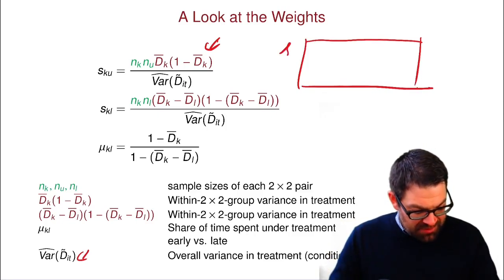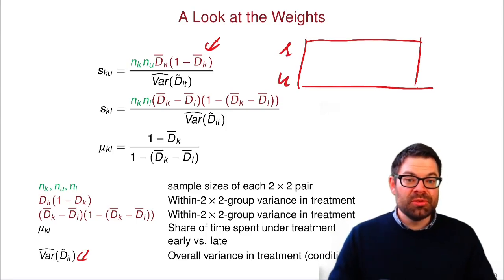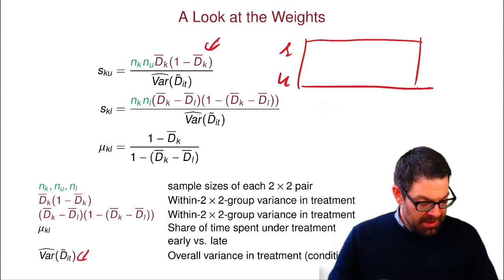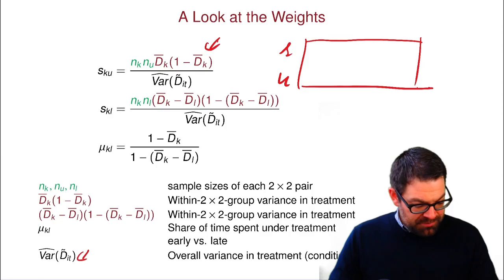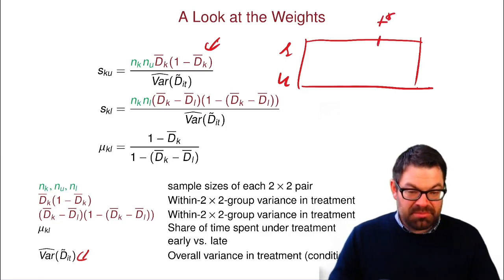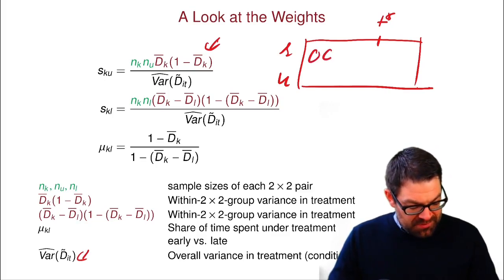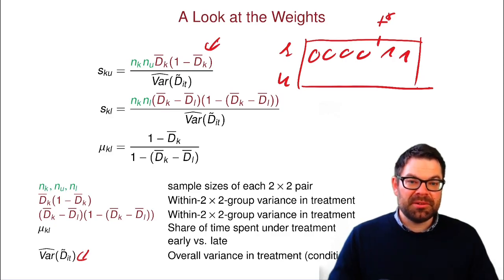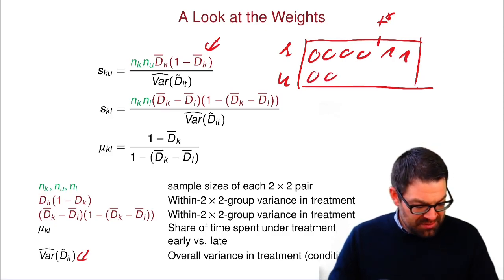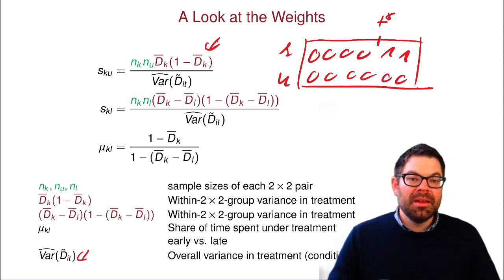Let's say here you have group K and here you have group U. U stands for untreated. And then let's say you have at some point treatment period T star, and so you have zeros before that, and then you have ones in the treatment indicator, and then you have here zeros all along. Yeah?